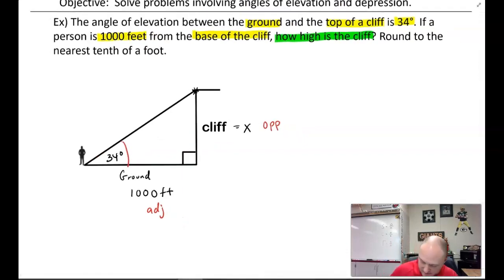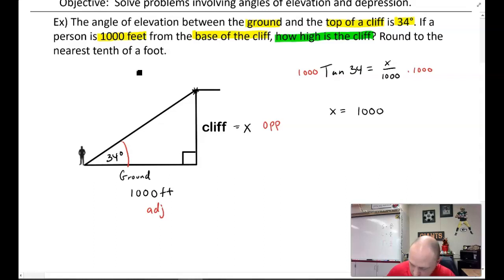So I know that this function with SOHCAHTOA is tangent of 34 degrees is equal to the side opposite over the side adjacent. Now I can solve this. I'll multiply both sides by 1,000, and we get x is equal to 1,000 times tangent of 34.